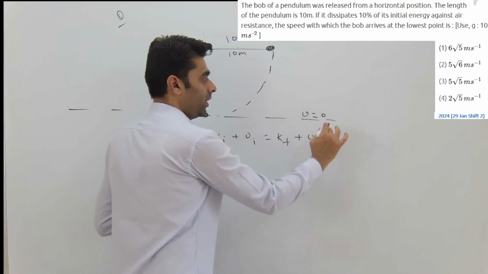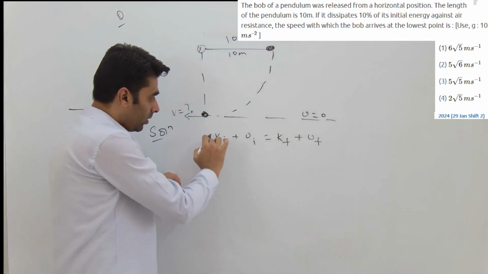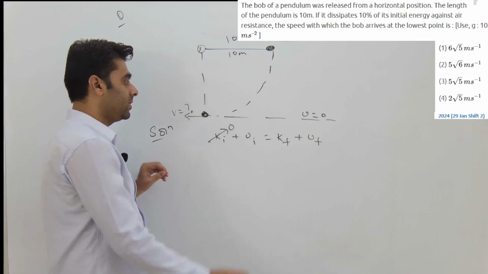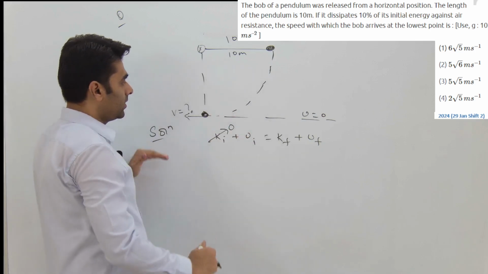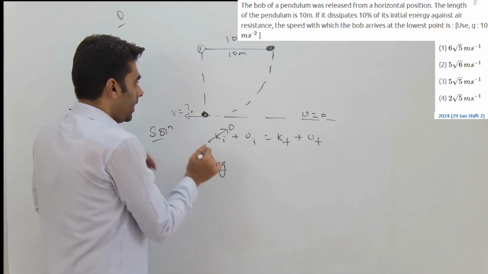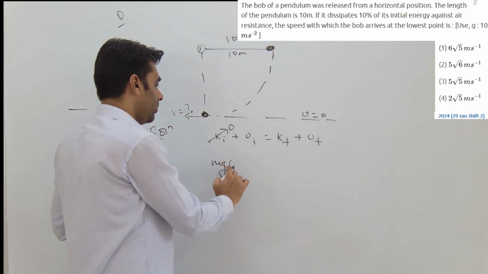That means potential energy over here will be 0. At the horizontal point, because it is released, kinetic energy will be 0, and potential energy will be mg into the height. The height is equal to the length of the string, so mg into 10.